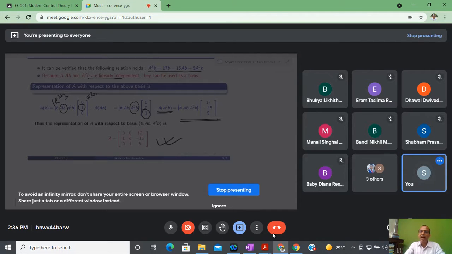Because multiple bases exist for the same system matrix, and all bases are related by similarity transformation. So with the help of these two, I can deal with a lot of things about the linear system, and due to that reason you have to learn linear algebra a lot, such that you are able to establish a lot of results. So with this remark I am going to end today's lecture.